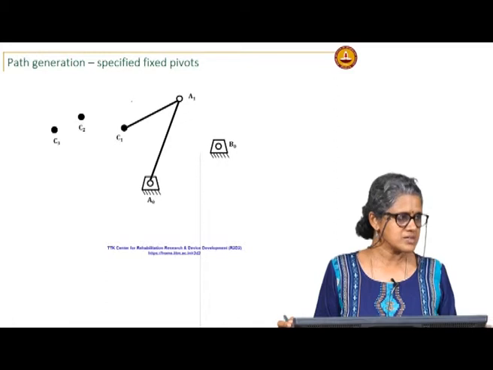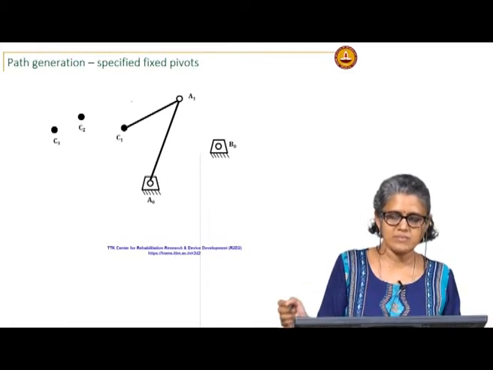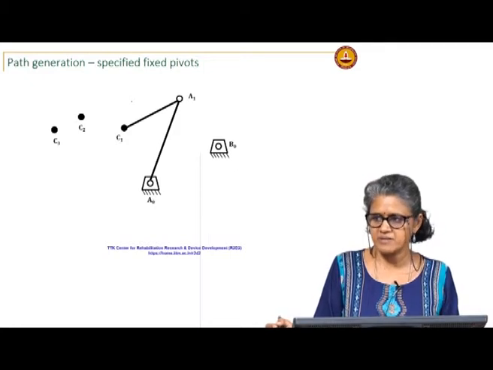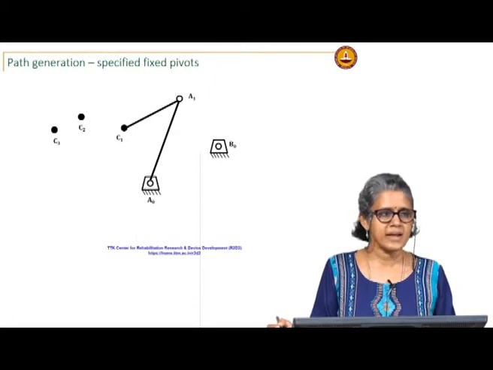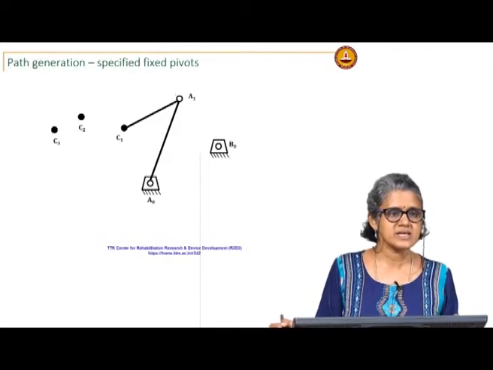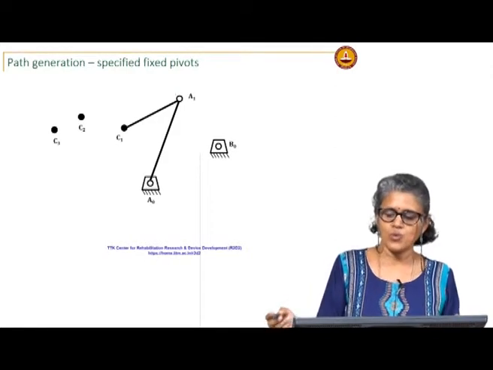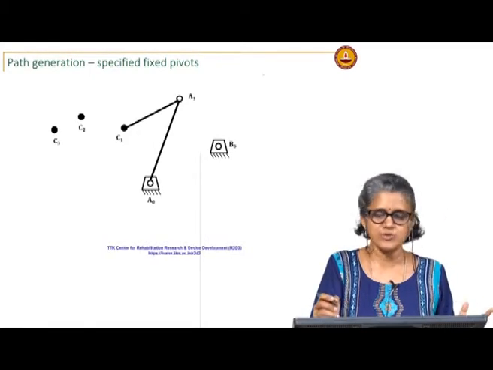From this definition of the problem, I am given one moving pivot. What do I know that I could use to design this linkage? What are the conditions on A and C? I am giving you a hint.